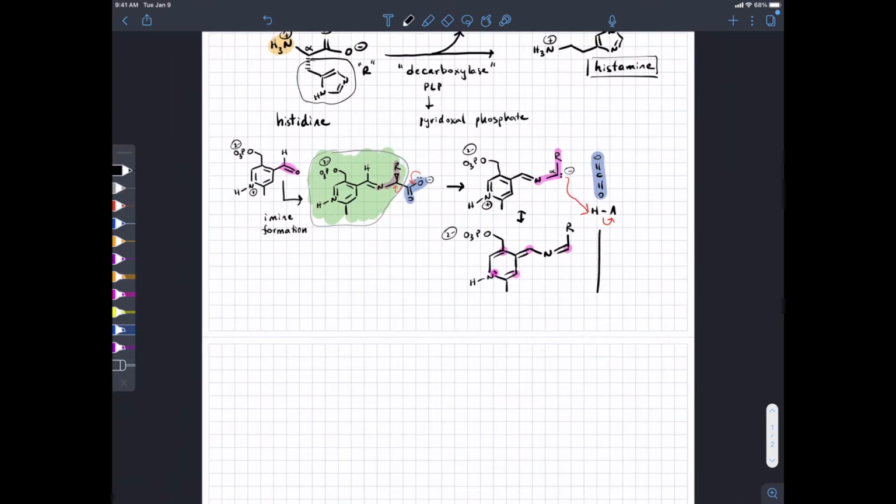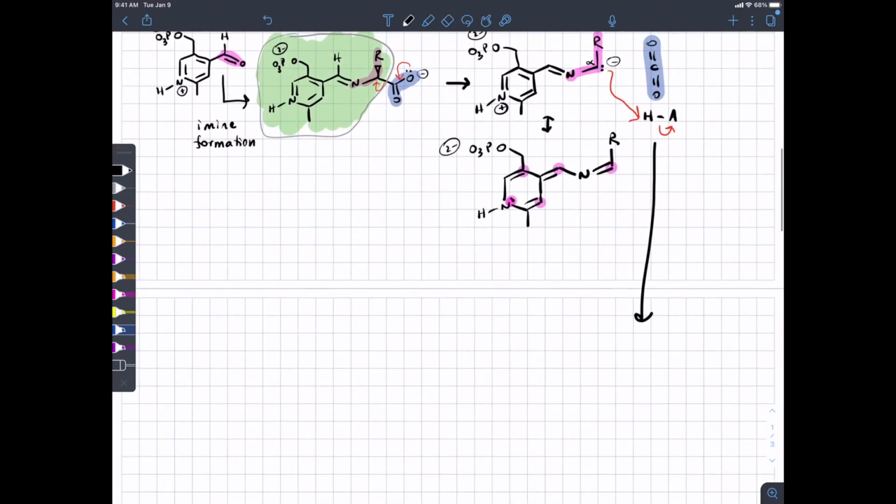That's okay. We will get the following as a product. Having protonated that alpha carbon, we no longer have to worry about stabilizing a negative charge by resonance.